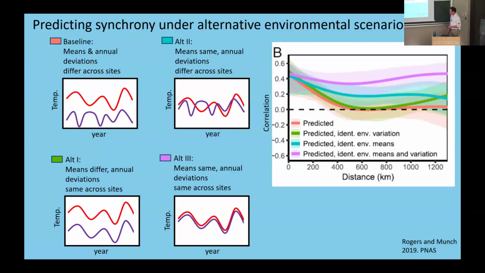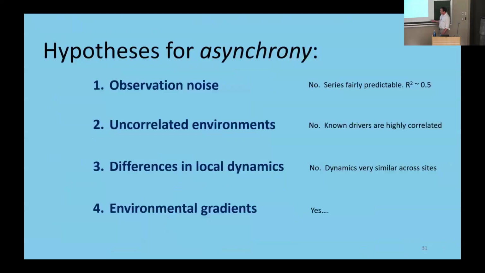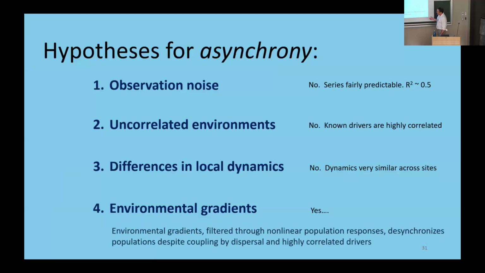So I think this is a very plausible explanation for what's going on. If we have a shift towards warmer temperature, driven through a unimodal thermal performance curve, then where it's already hot, things get worse. Where it's cold, things get better. So that's enough to cause things to desynchronize. Maybe it's environmental gradients filtered through nonlinear population responses that desynchronizes the crabs. So that's the hypothesis we're left with.